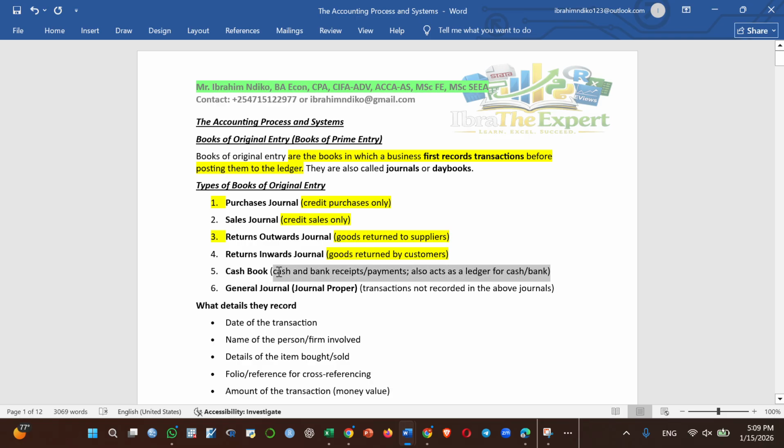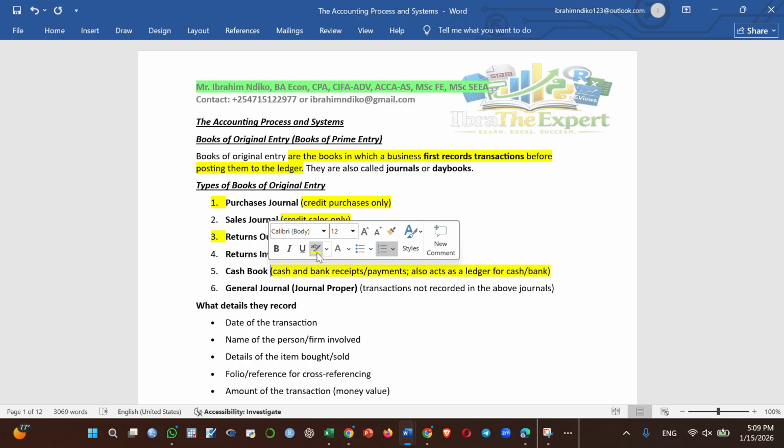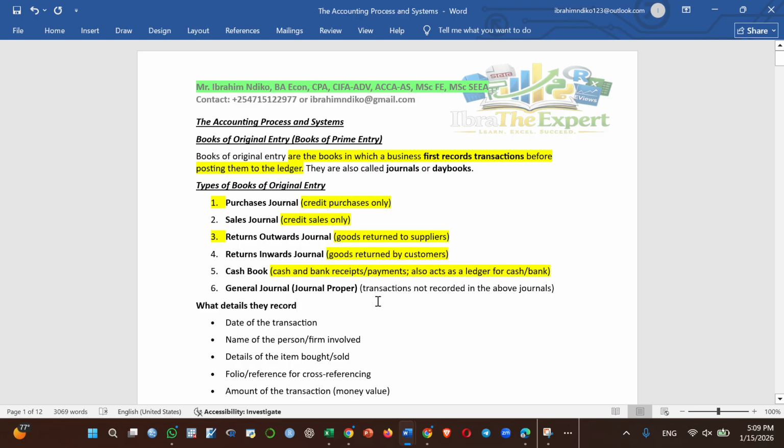Now the cash book records the cash which is received either by the bank or through cash in hand, or payment that is made through cash or paid through the bank. Then you have the general journal. Now, the general journal records any other transaction which is not recorded in the journals that we have mentioned above.